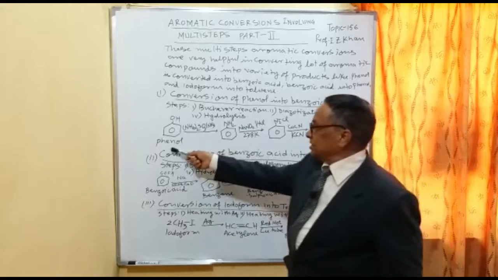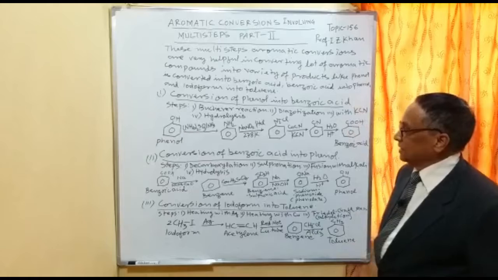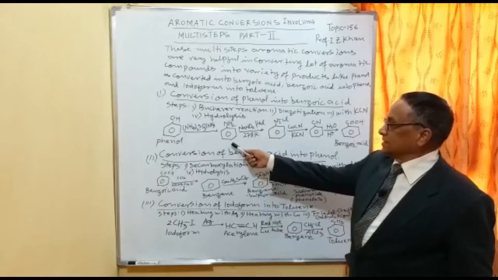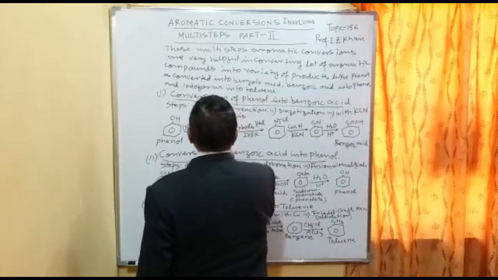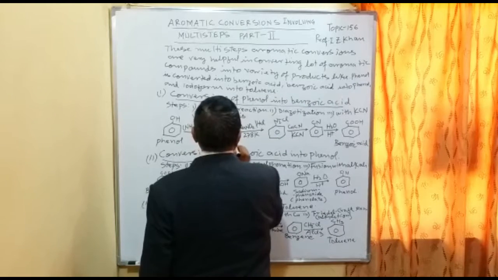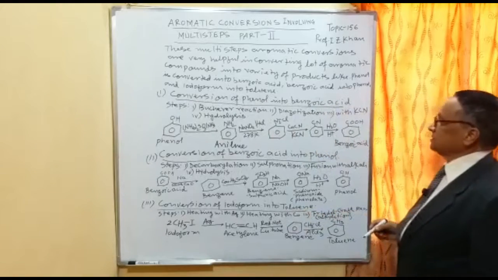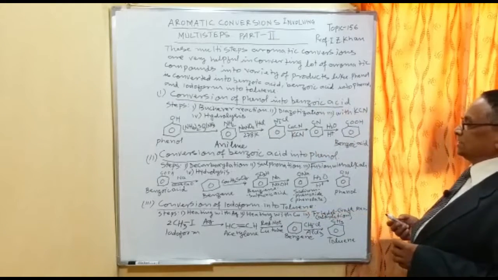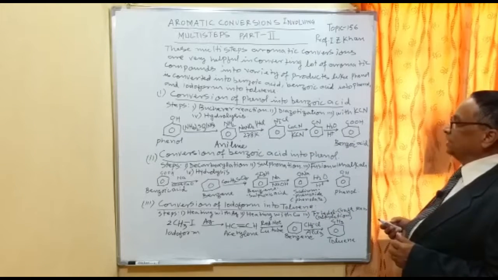So here phenol is treated with (NH4)2SO3 and NH3, and it is changed into aniline, and then it is treated with NaNO2 and HCl at a temperature of 278 Kelvin.